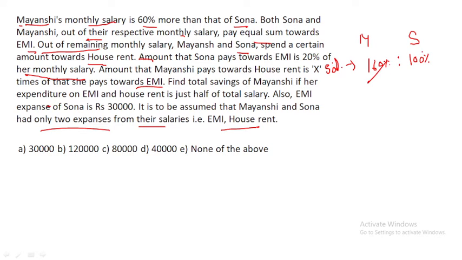So the ratio of their salary is 8 is to 5, right? And we can assume that the salary of Sona is 5S.